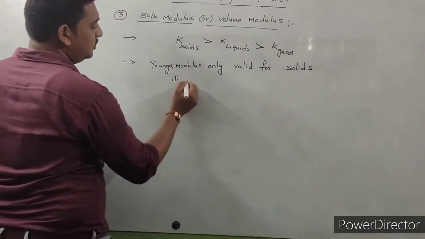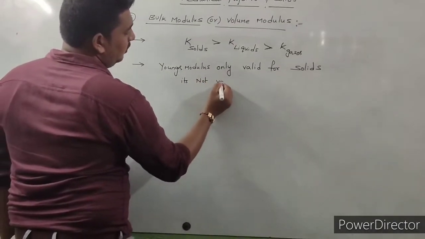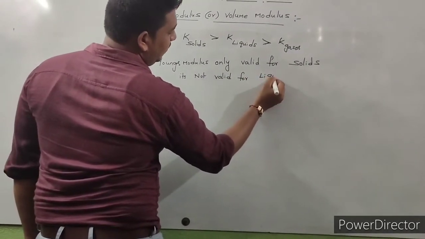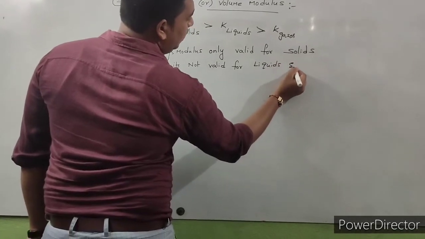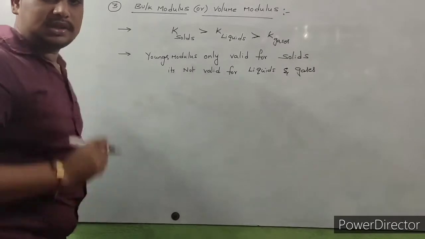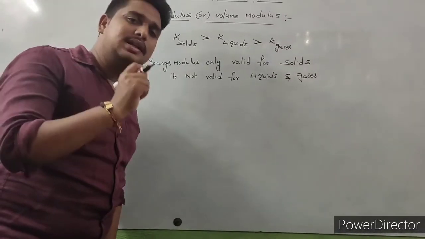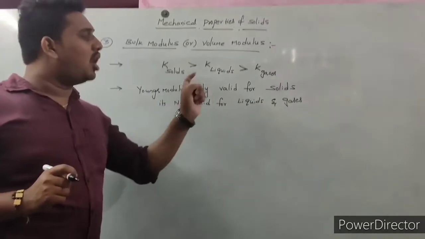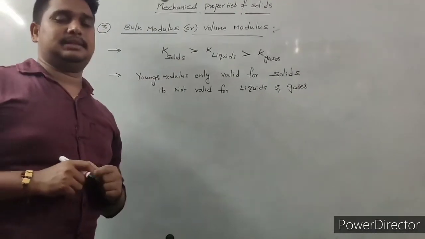It's not valid for liquids and gases. Now you may have a doubt: why is Young's modulus only valid for solids? Why is it not valid for liquids and gases?